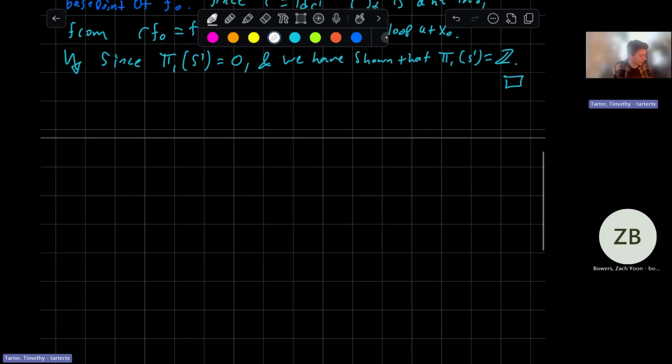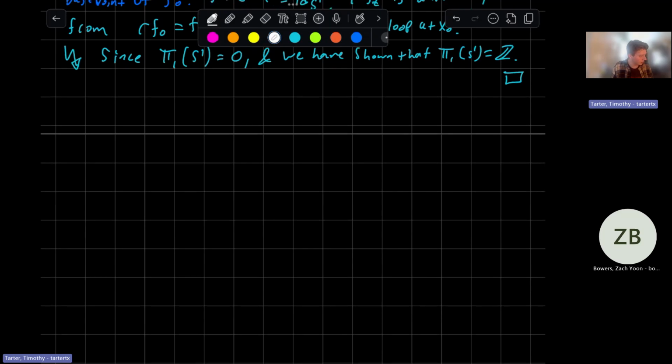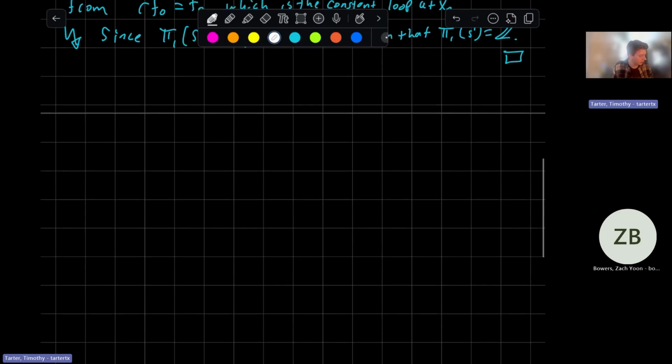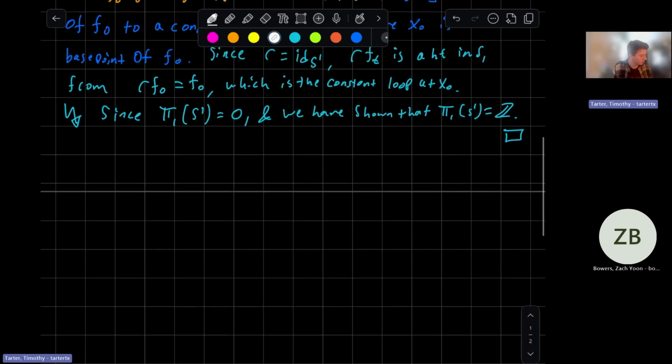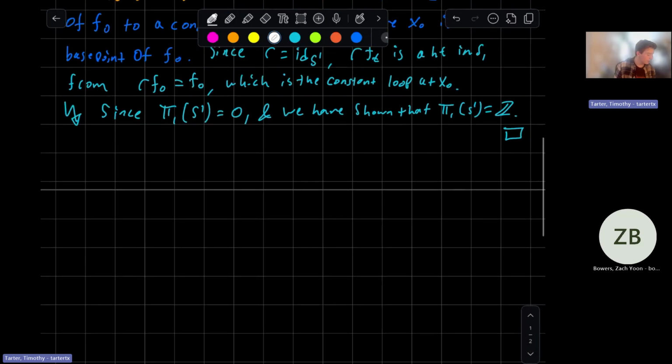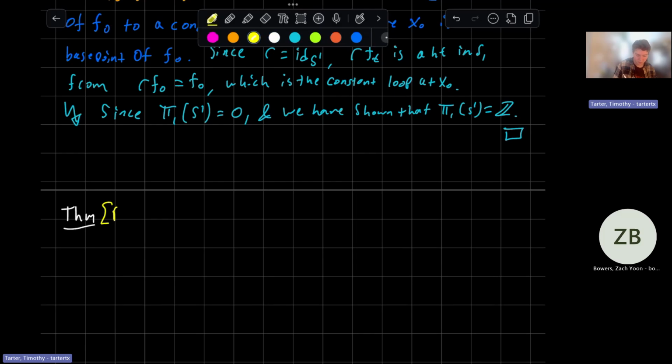The techniques used to calculate pi1 of the circle can be applied to prove the Borsuk-Ulam theorem in dimension 2. So, theorem, Borsuk-Ulam.